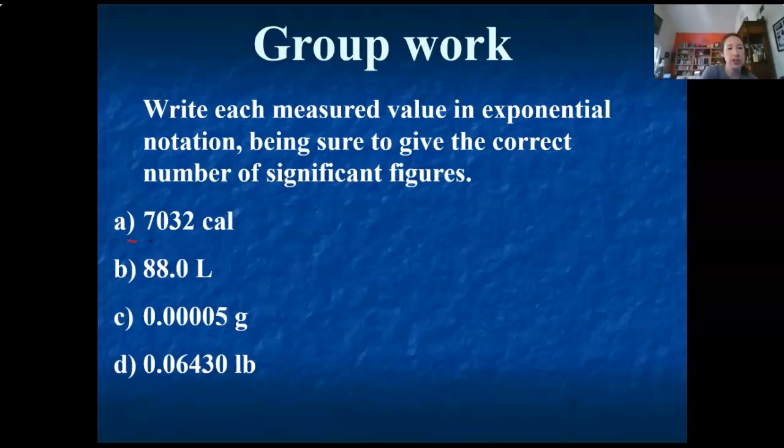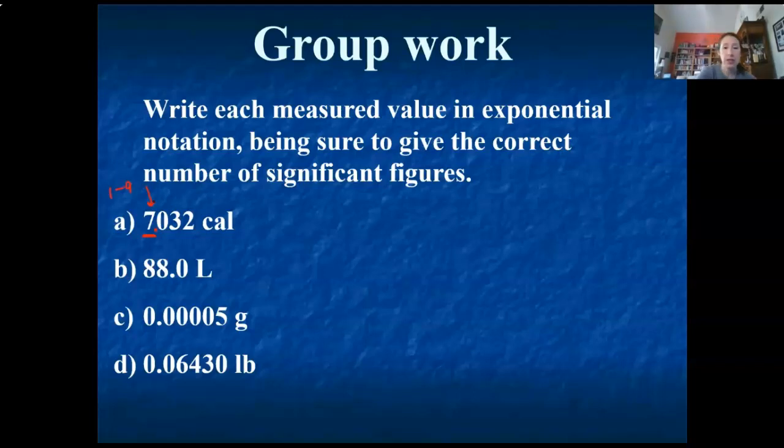So we have to put a decimal place here because the number in front of the decimal place needs to be between 1 and 9. And 7 is between 1 and 9, so we have to put it after the 7.